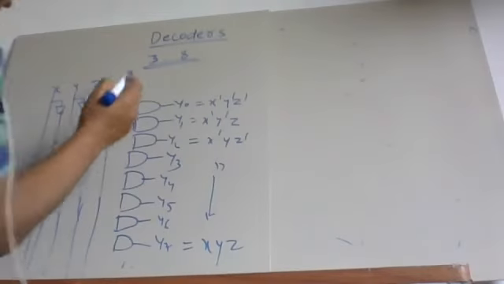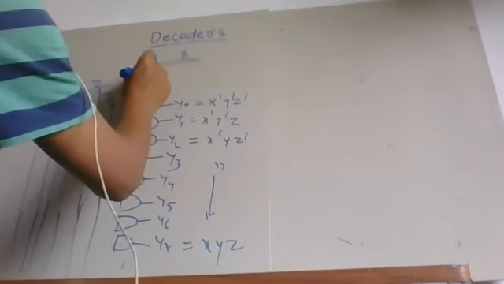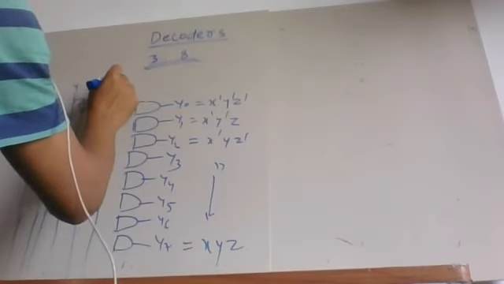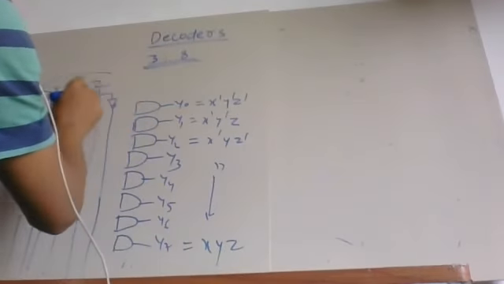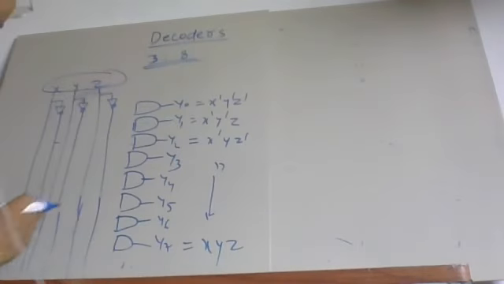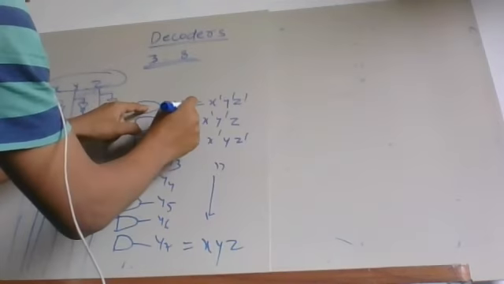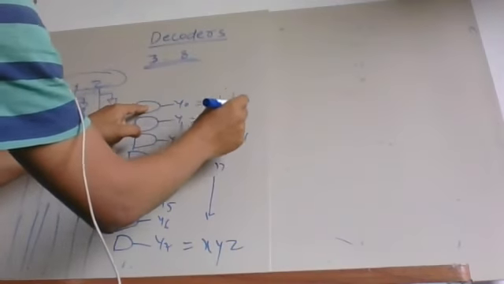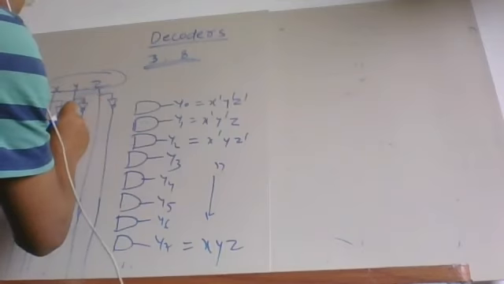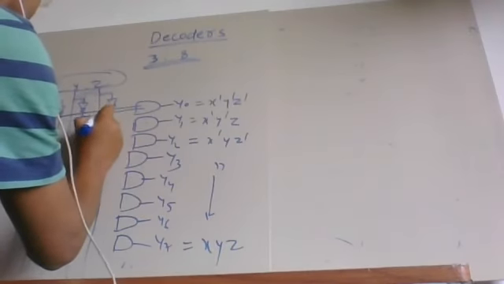Now I'm explaining the 3 to 8 decoder. So a 3 to 8 decoder can be formed by 3 input signals X, Y, Z. Here we are drawing all the X, Y, Z lines and its inverted lines also. So to generate the first minterm y0 equal to x dash y dash z dash, we must connect all the inverted inputs x dash, y dash and z dash.